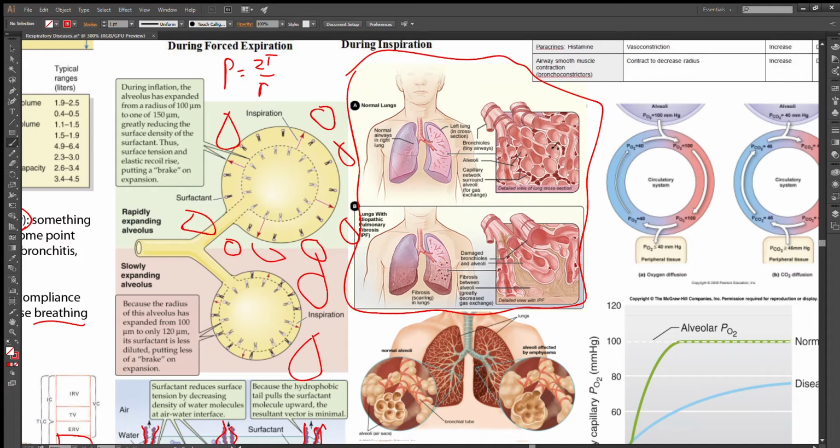So it's going to get harder for things to move across the capillary wall, and also for your lungs to expand and contract. So the same transpulmonary pressure that produces a 500 milliliter increase in volume in normal lungs produces a lot smaller volume increase in fibrotic lungs. So again, the compliance is a lot less, and the elastic recoil is greater, so they're more prone to pull back in than normal lungs.